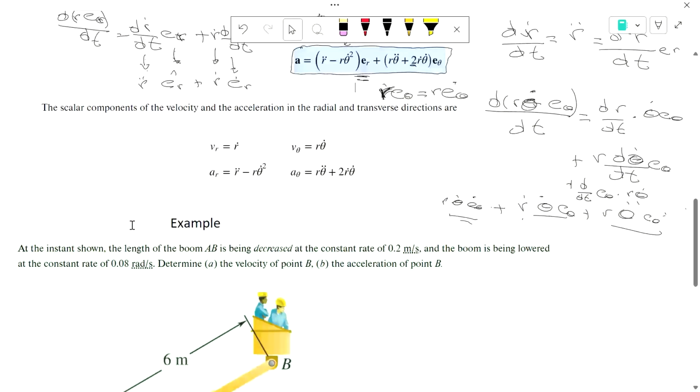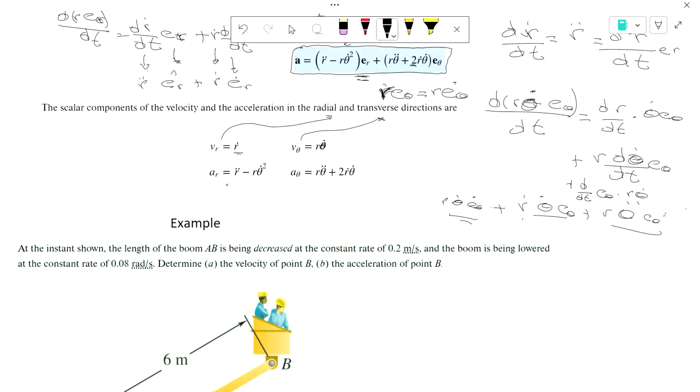But the four things that you have to know are r dot, which is the velocity in the radial direction, v theta, which is the velocity in the transversal direction, which is r theta dot. This is velocity in the radial direction, vr.